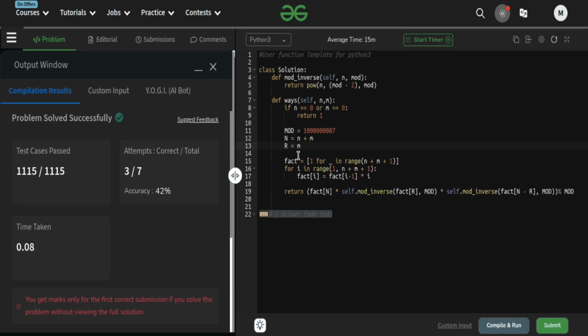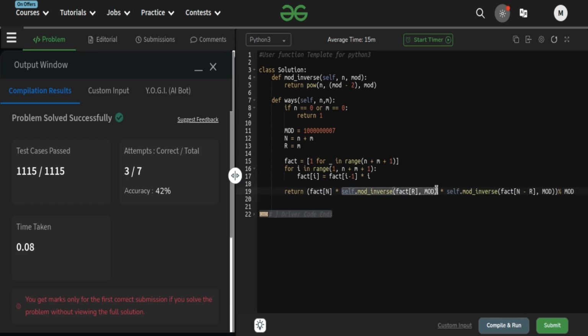So in order to compute nCr, we need to compute factorial. This is what we have done. We have computed the factorial all the way till n plus m, and we have stored the value of factorial in the fact array, and now we are using it. Essentially over here we are computing nCr modulo p, and as you can see, this is n factorial.